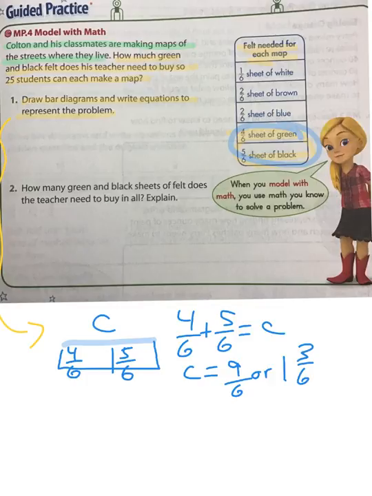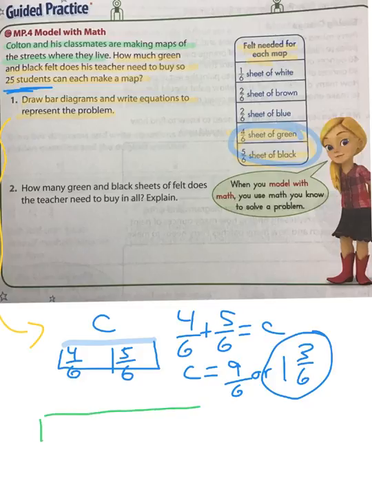Okay, next, for my second bar diagram, I know that we need 1 and 3/6 of the two colors, but if we look up at the top, we have 25 students. So I have to multiply that by 25. So that's going to be a really long bar diagram, or what you can do is, for my second bar diagram, I'm just going to use green.